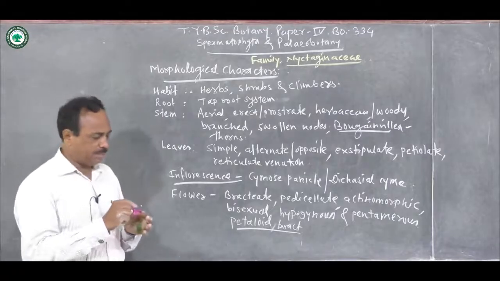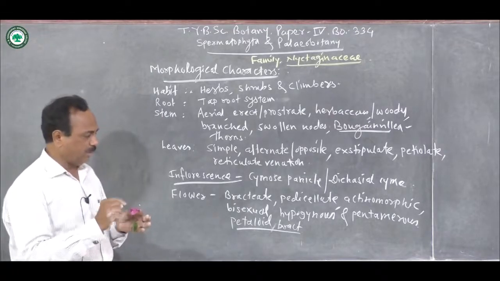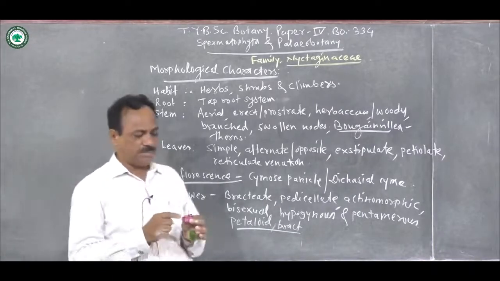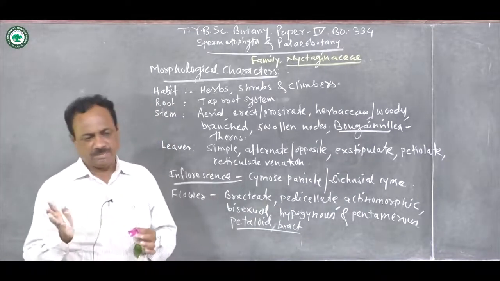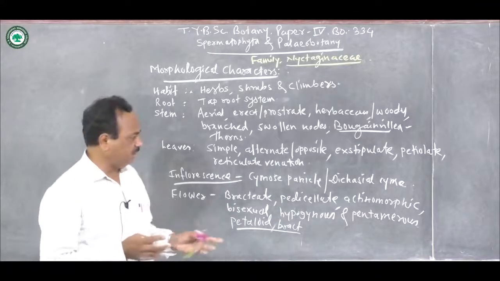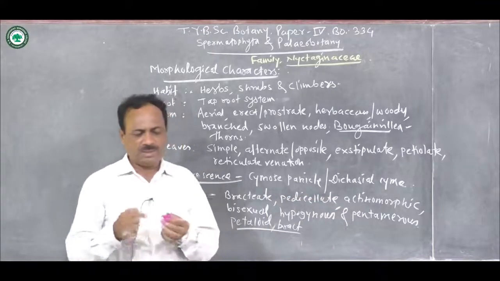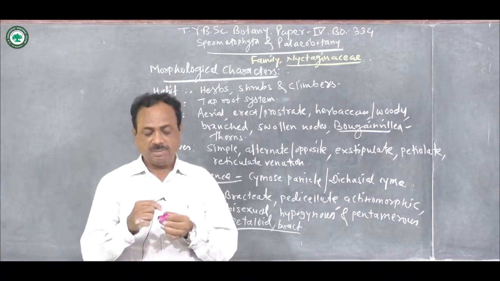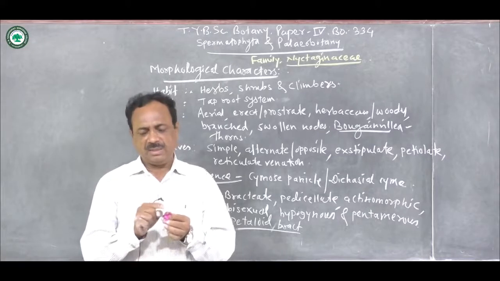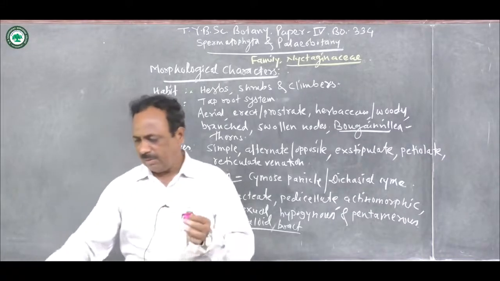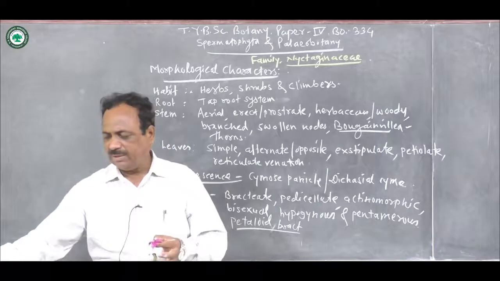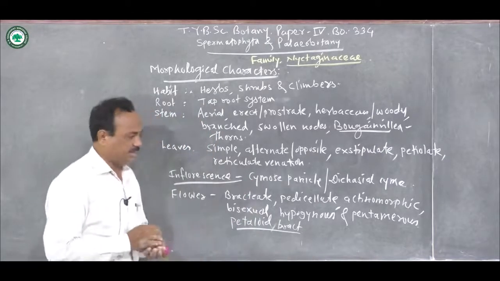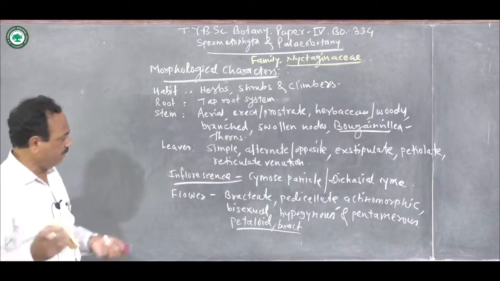From the base of the ovary all parts are developed, and so it is hypogynous. Floral parts are present in multiples of 5, so it is pentamerous, and the flower is actinomorphic. If we see the flower, it is normal, that is, it is symmetrical, and that's why it is actinomorphic. So this is about the flower.